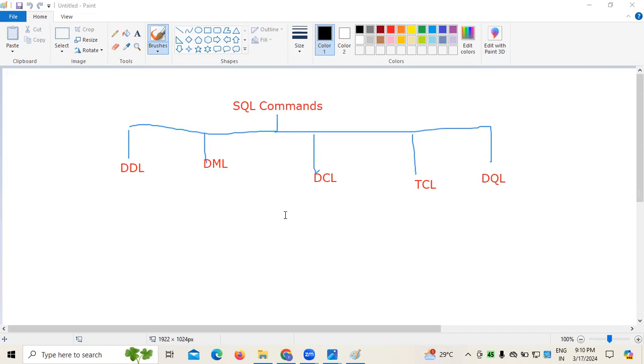For example, if there is some table we have created and you want to make some changes to the structure of the table, DDL commands are used. So what are the commands? Write down the commands as follows.